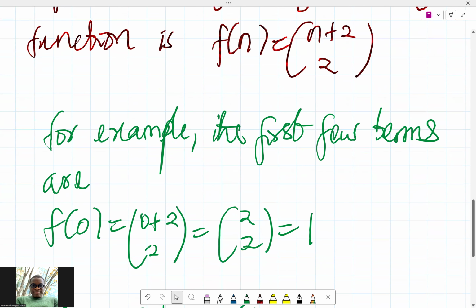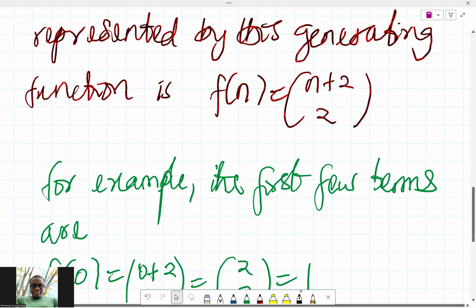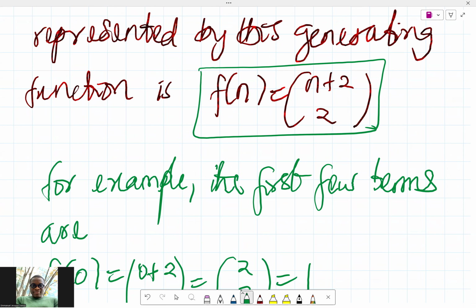In the previous example I did, that was very simple. The coefficient was always 1, so it's not changing like this one. But in this particular scenario, we actually have the sequence changing, expressed as this, which we have extracted.